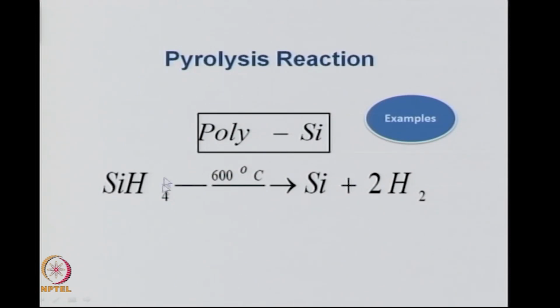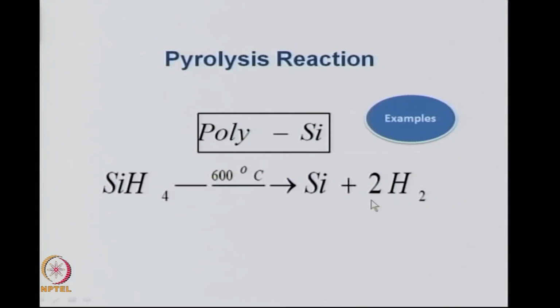So, you are heating these gas molecules over a substrate, and this decomposes to give you silicon, which forms the film on the substrate, and this hydrogen gas has to be taken out through the exhaust.